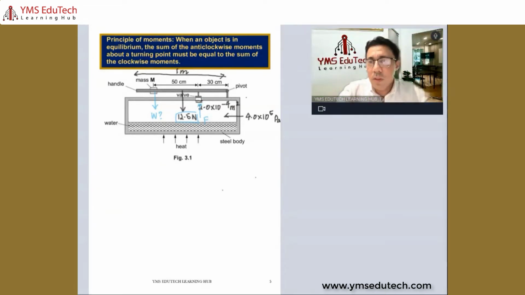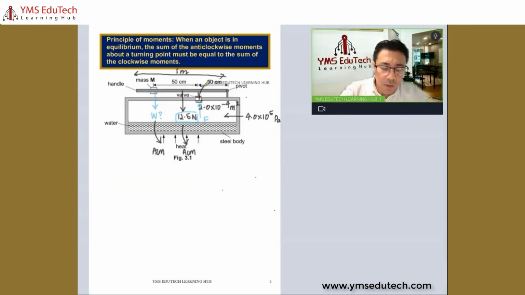Now, two of these forces will be causing an anti-clockwise moment. Which ones will cause an anti-clockwise moment? It will be the weight due to the mass. This is an anti-clockwise moment. The 12.5 Newton, the weight of the handle, is also an anti-clockwise moment.